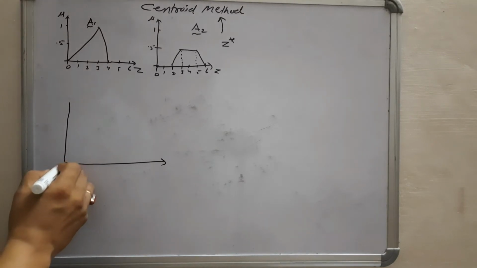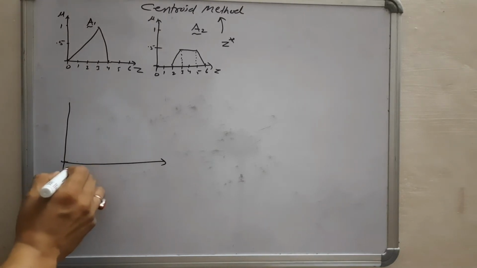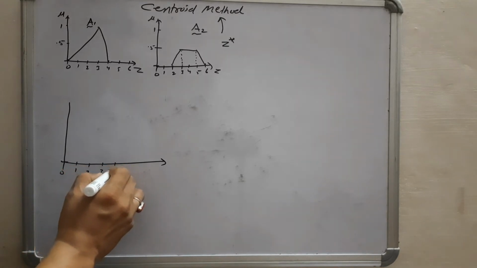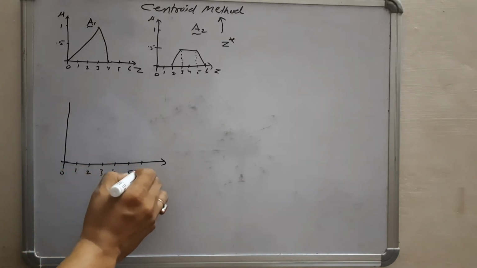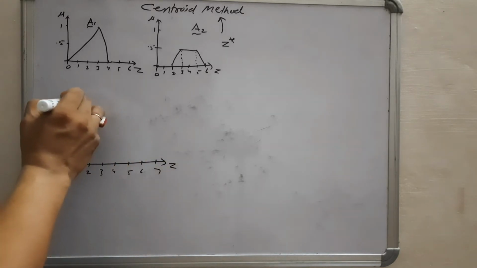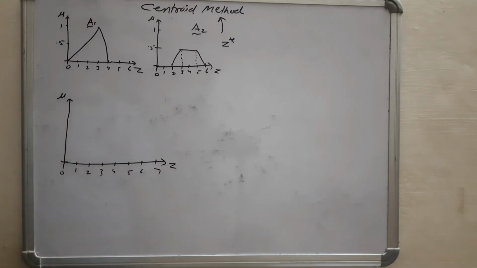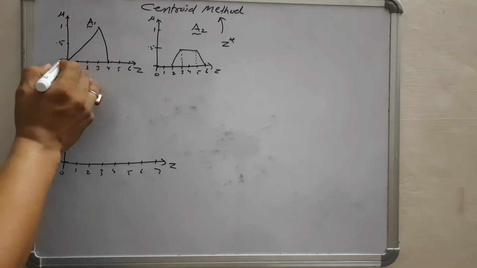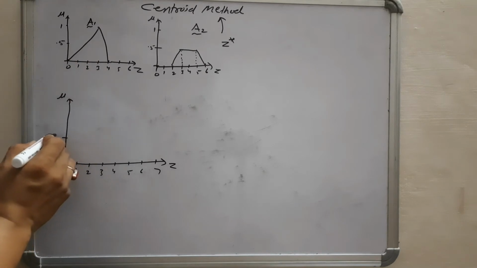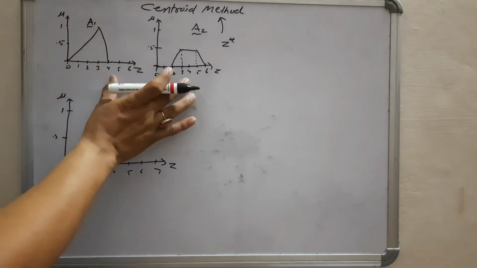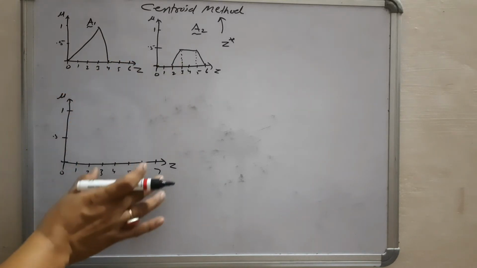So it is 0, 1, 2, 3, 4, 5, 6, 7, and it is the mu membership function. Now suppose it's 0.5 and it's 1. Now I am drawing these two membership functions on a single scale.